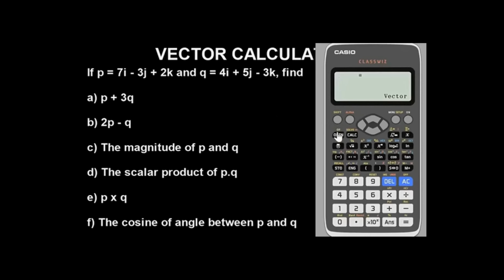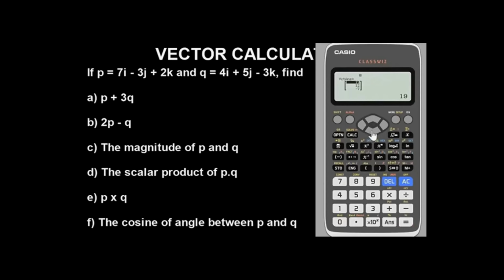You go to option, vector P is represented as vector A here, press 3, plus 3 vector Q. Go to option, vector Q is vector B here, press 4. So this is what we have here. And let's press equal to get our answer.